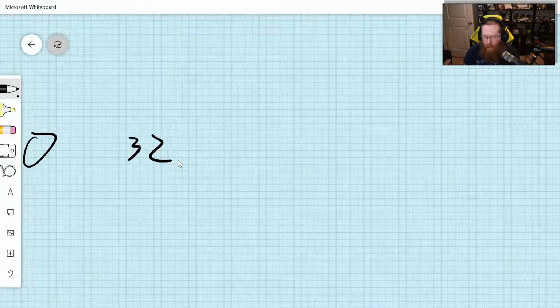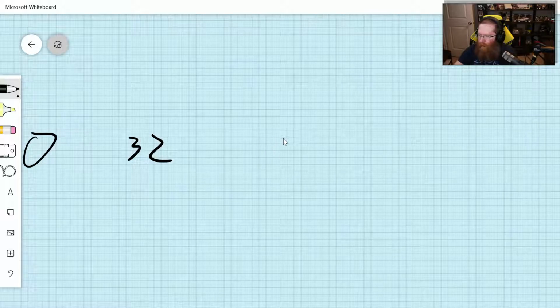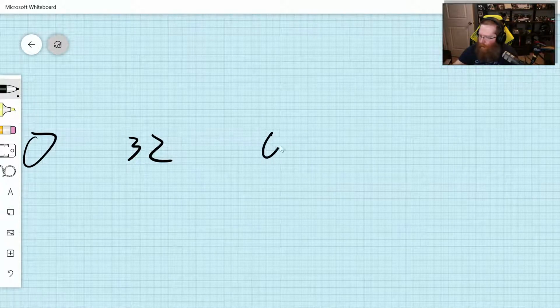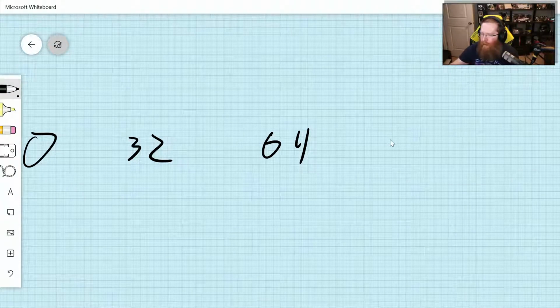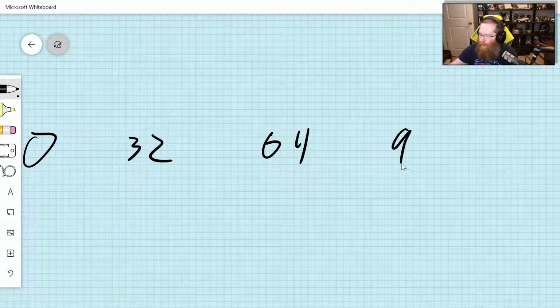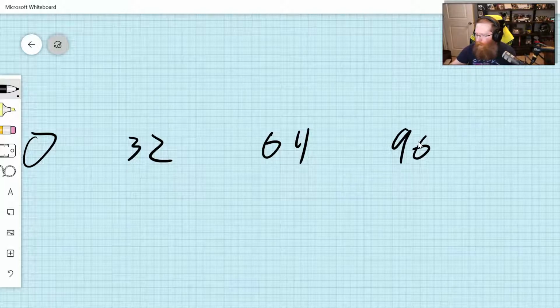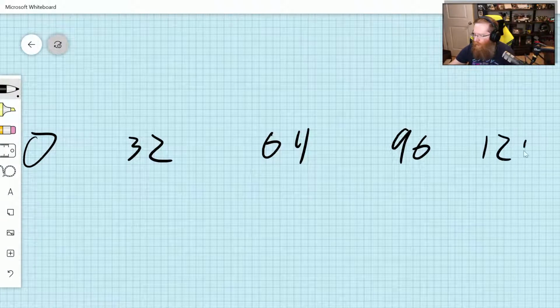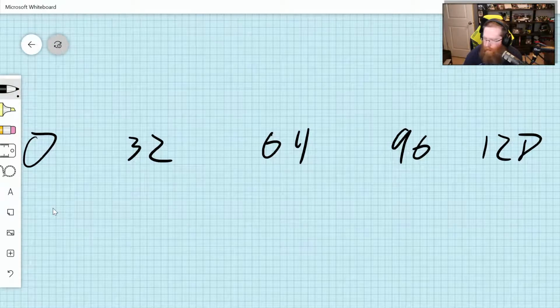Well, we know 32 is the start point. Then if we keep on doing 0 plus 32 is 32. 32 plus 32 is 64. 64 plus 32 is 96. Plus another 32, 128.